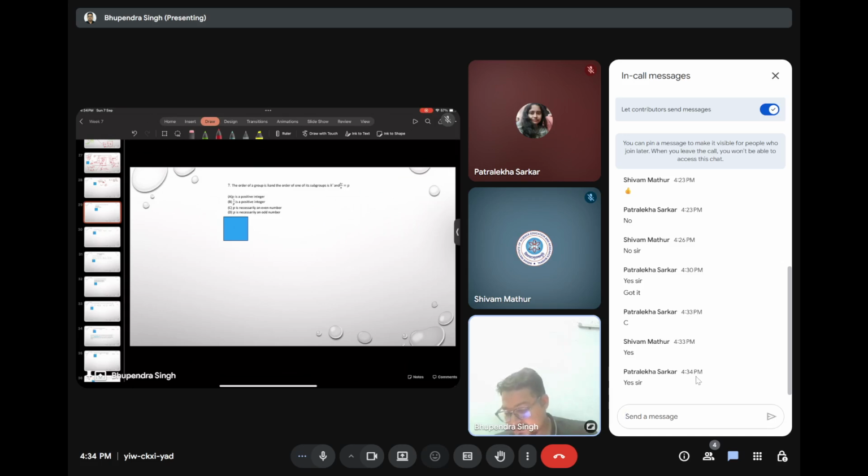This question you guys have to solve. The order of a group is H. So basically, the total number of operations is H, and the order of one of its subgroups. Let's say C3 was present, C31, C32, C33, let's say 3 elements were present there.